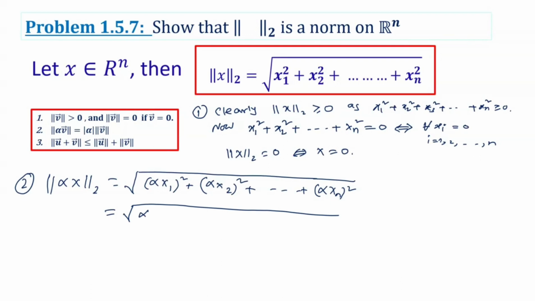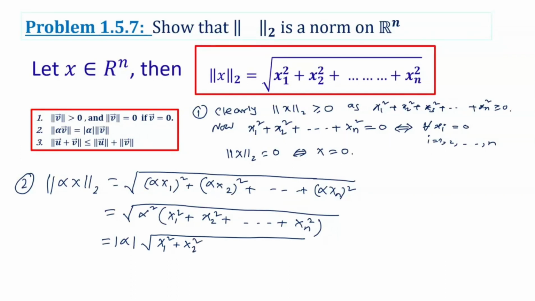So we can rewrite it as alpha square times x1 square plus x2 square plus xn square. Alpha square can be taken out of the square root, so it can be written as the absolute value of alpha, and the remaining part is the square root of x1 square plus x2 square plus and so on xn square, which is nothing but the norm of x. So this validates the second property.